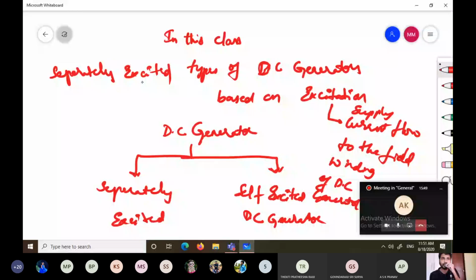This means the field winding or the field magnets are energized with a separate DC source. Then it is called a separately excited DC generator. The name itself indicates that it is separately excited with a DC source.